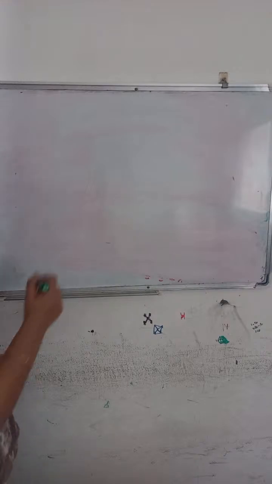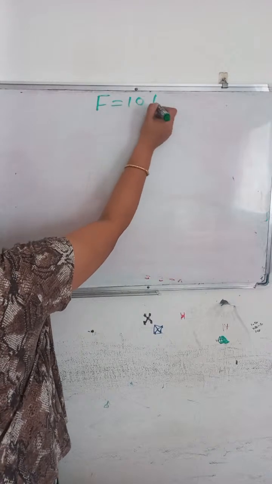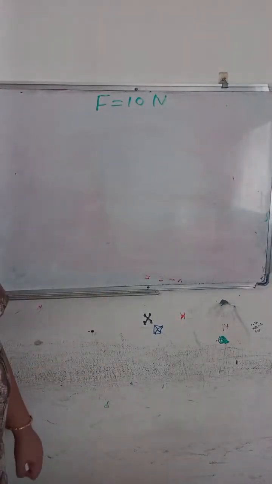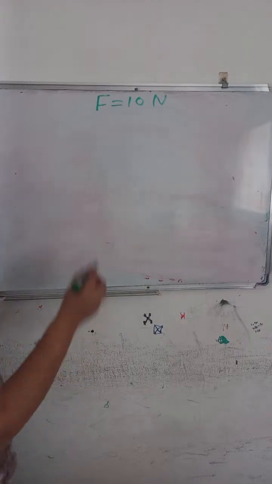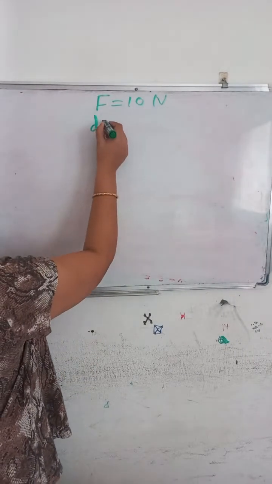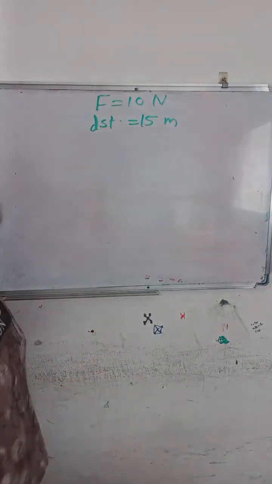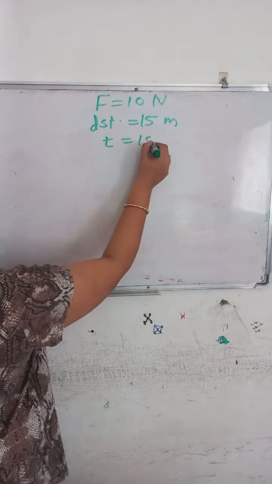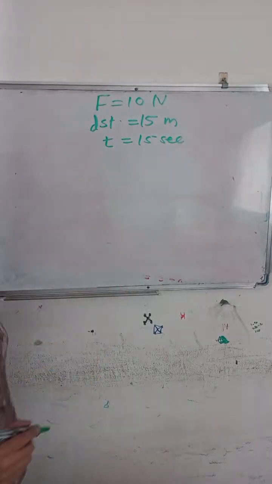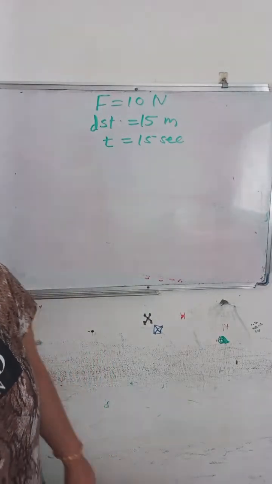The total force is nothing but 10 Newton. And the field is being ploughed for a distance, the distance given is 15 meter. And the time is given as 15 seconds. They are asking how much is the work done and power developed.